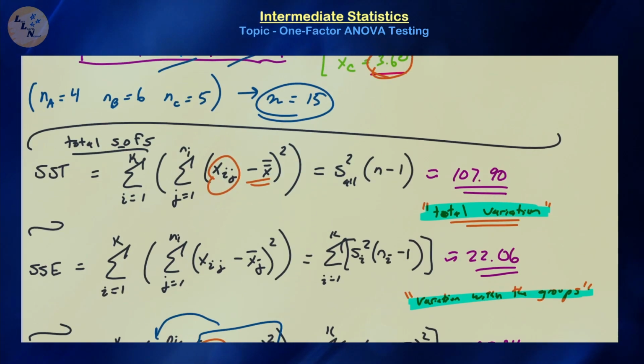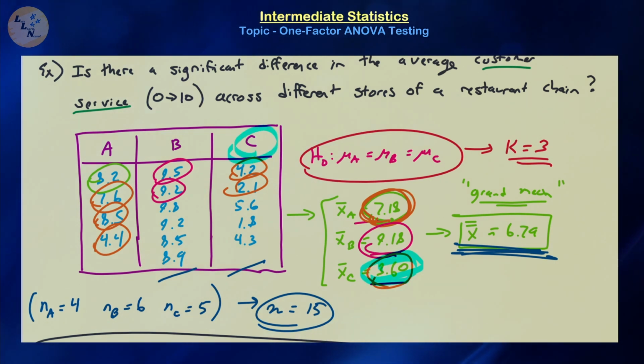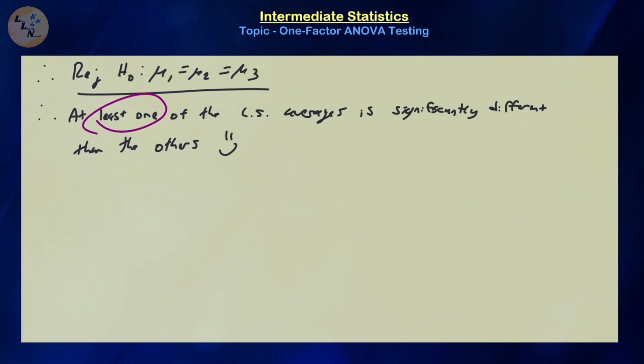So if you look at our particular data sets that we were looking at, notice that we have 7.18, 7.19, and 3.6. So I would argue that this category, or this store C, probably is the one that's causing the issues, but of course x-bar A and x-bar B are a little bit different from each other as well. So possibly all of them are different from the rest, right? But that's how you would conduct a one-factor ANOVA, where the factor we're focused on here is customer service between different populations.